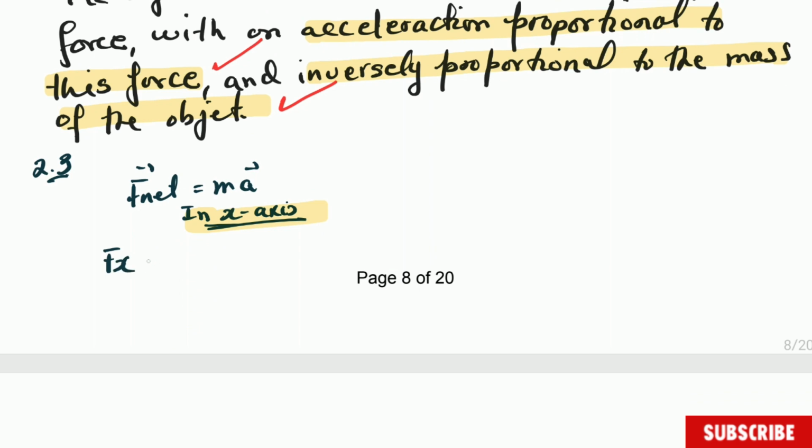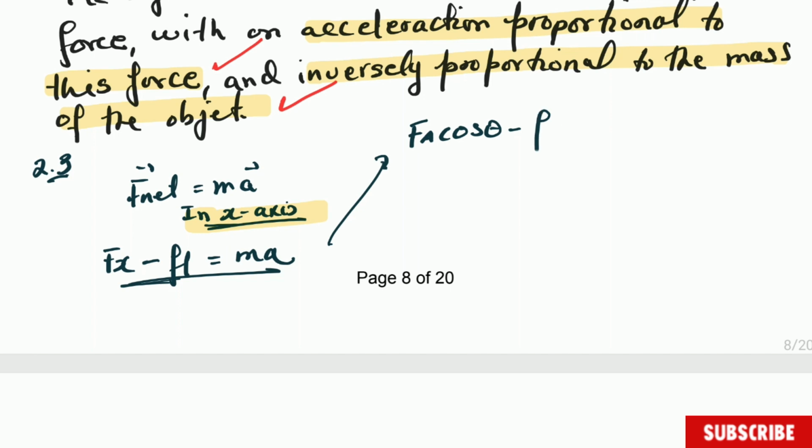I'm going to write Fx minus frictional force, and that is equal to ma. Alright, so if we go here and break that formula, we have that Fx is FA multiplied by the cosine of theta, minus the frictional force, and this is equal to ma. We don't have to write that on there anymore.